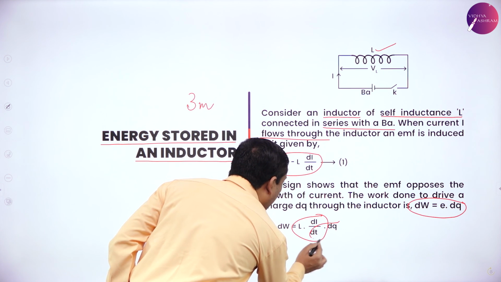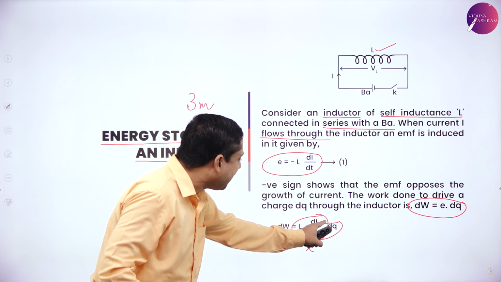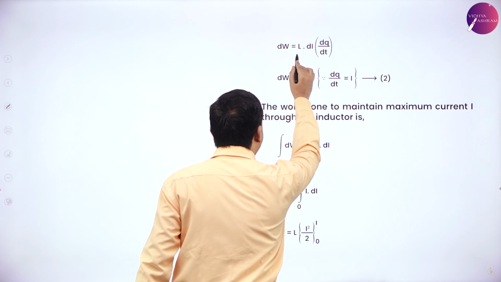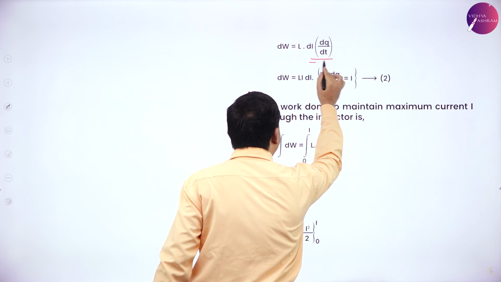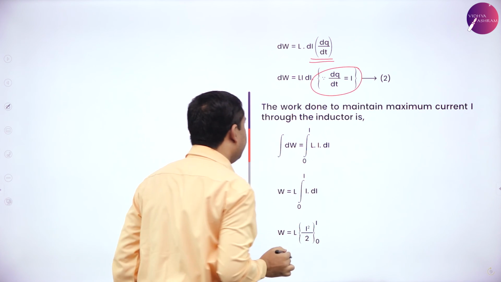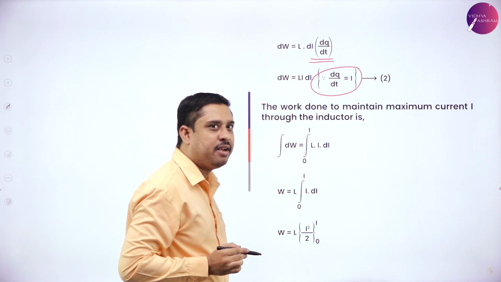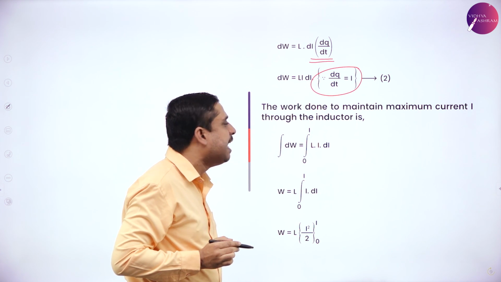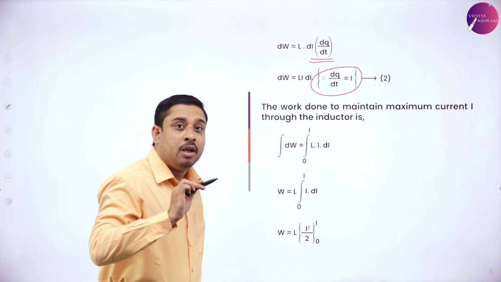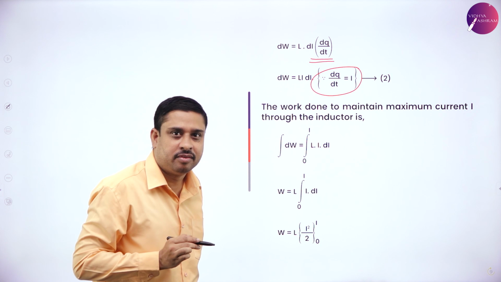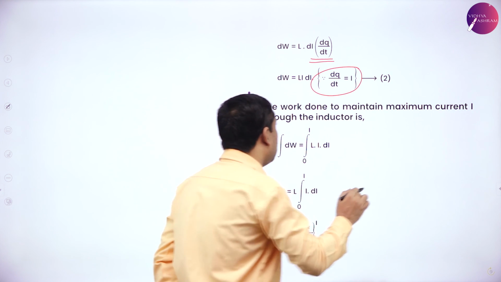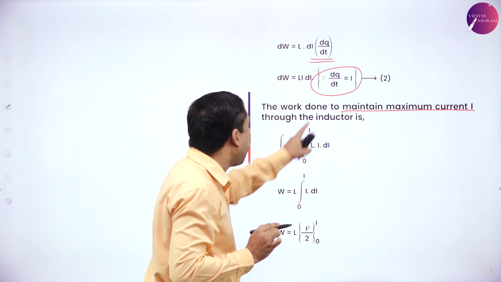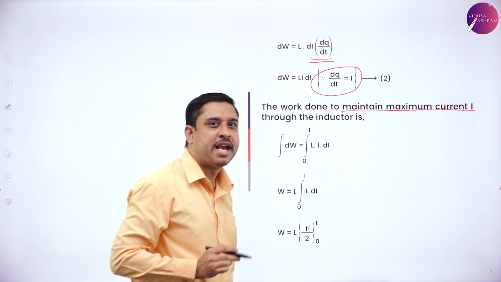Now you have dq by dt. What is dq by dt? Current. Very good. So dW is L di into dq by dt, and dq by dt is I. So dW is L I di, equation 2. Now the total work done, or the work done to get maximum current in the inductor, is obtained by integrating equation 2.